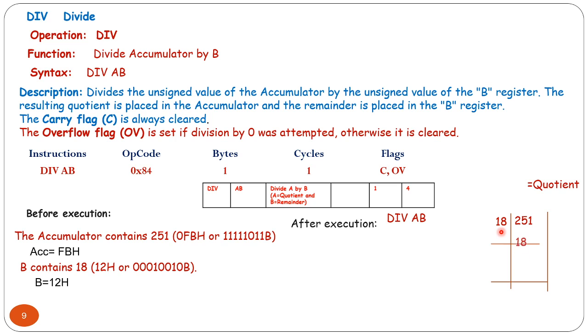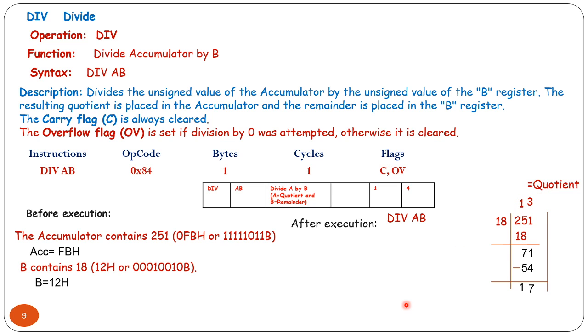So the answer will be first 1. So after subtraction, this 1 goes like this. So 71, again 18 multiplied by 3, 54. So 3 will be there. Answer now 13 and remainder is 17. This 17 is not divided by 18, so remainder is 17 and quotient value is 13.